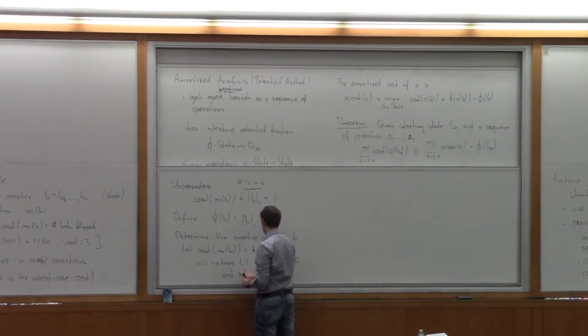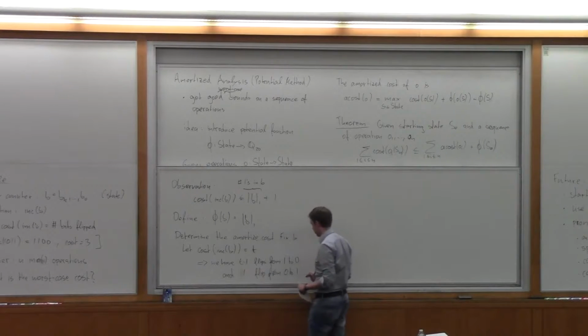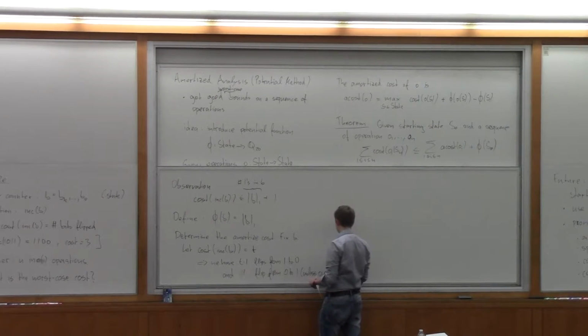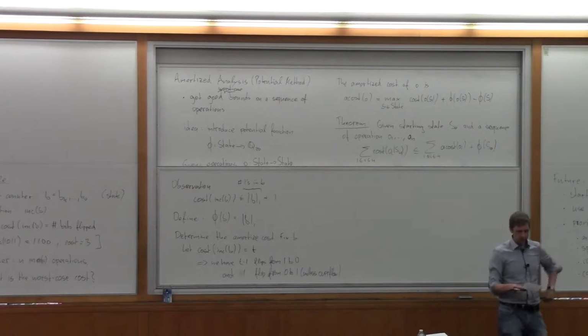Oh no, that's a good point. Well, we have to think about the overflow later. One flip from 0 to 1, well, unless we overflow. So in this case, we have to think about it together because I didn't consider that.